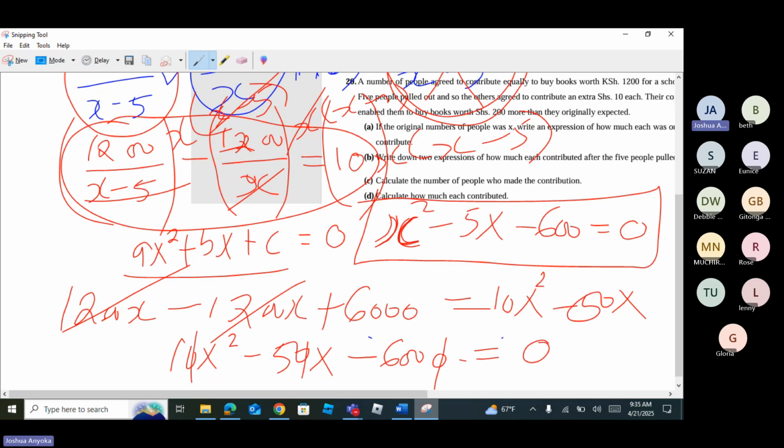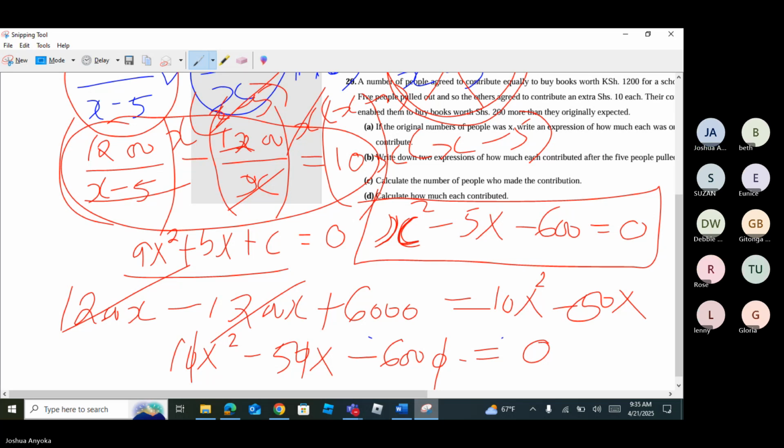So we are in agreement that we have x squared minus 5x minus 600 is equals to 0. Wait, unmute and say yes. Yes. Yes. Very good.